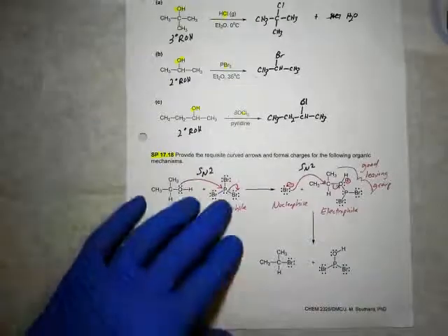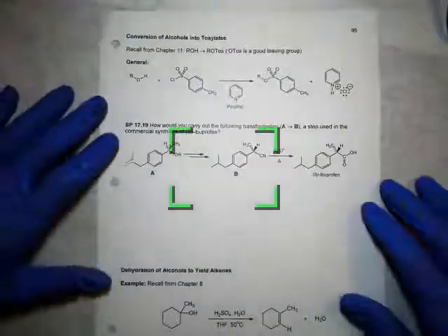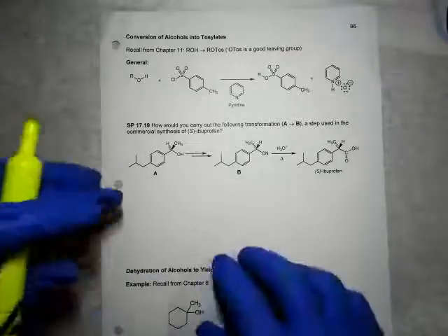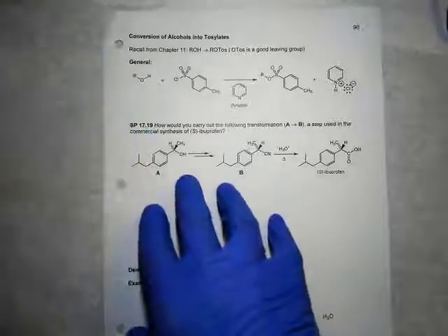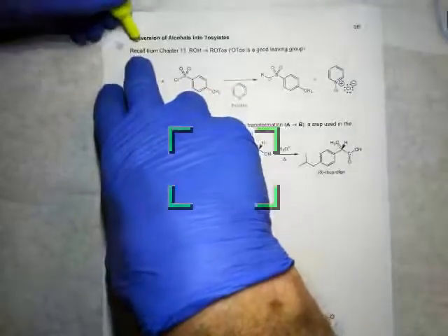Let's look at something kind of like that by flipping over to page 95. You may remember in Organic 1, back in chapter 5, we talked about something called inversion of stereochemistry. And that's what this deals with. Here we're going to convert alcohols into what we call tosylates.